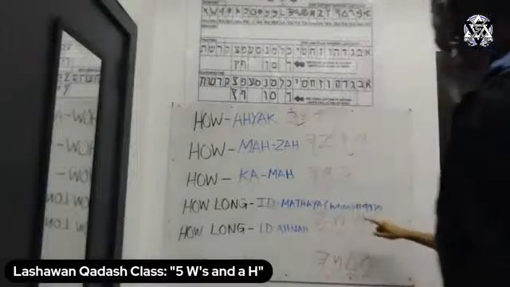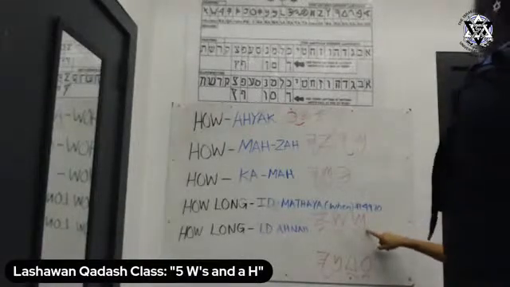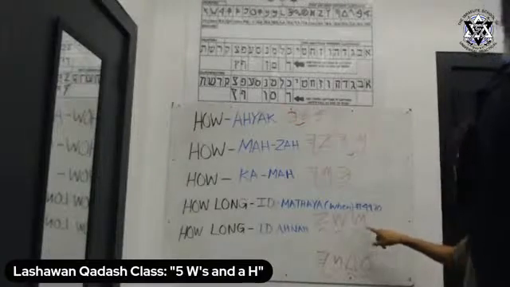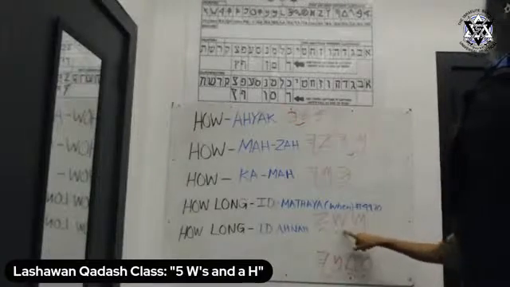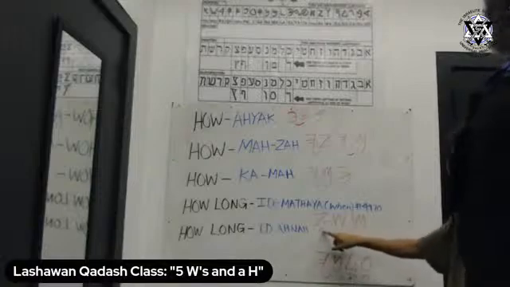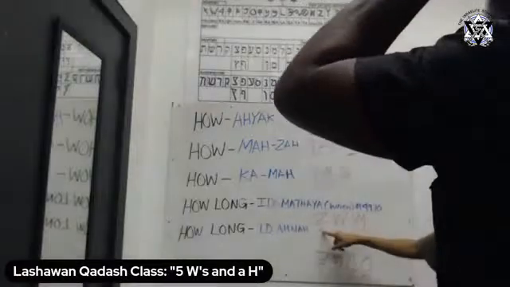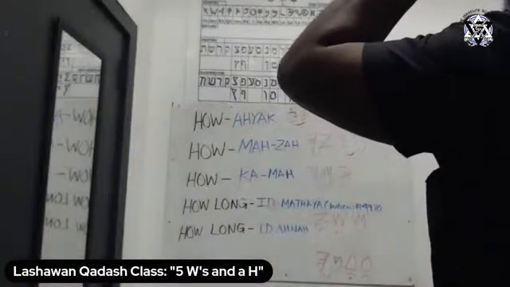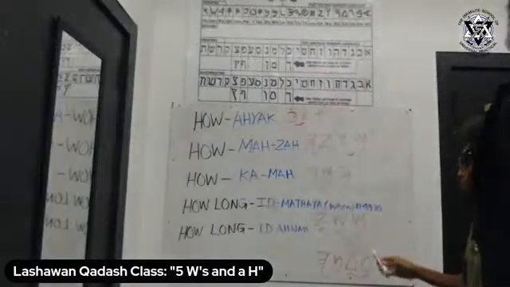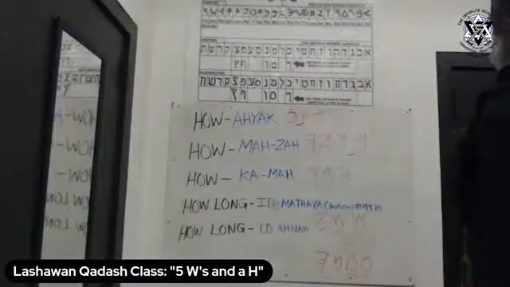Okay, so this is the ma. And then what is this? The shah. And what is that? You're right. But you see the problem, right? I don't see it yet.